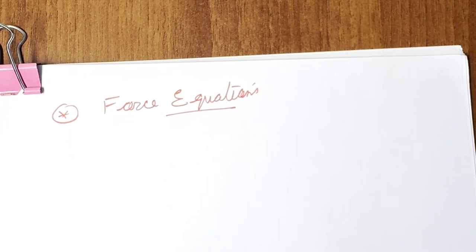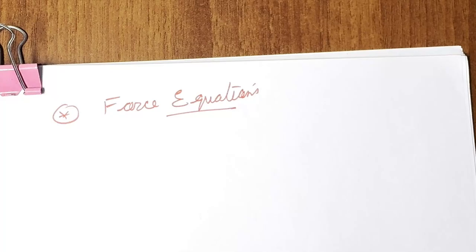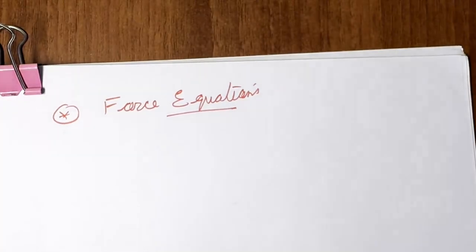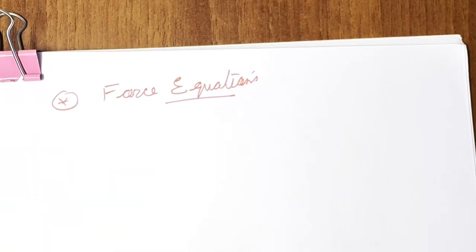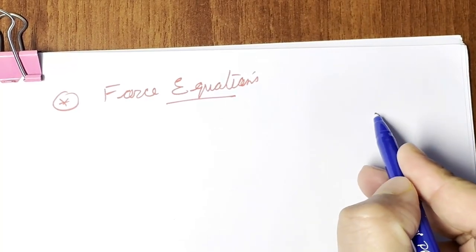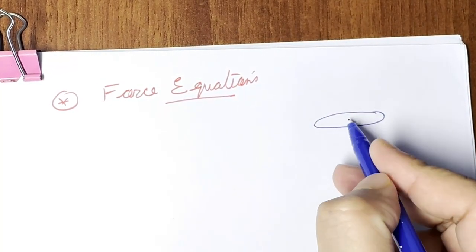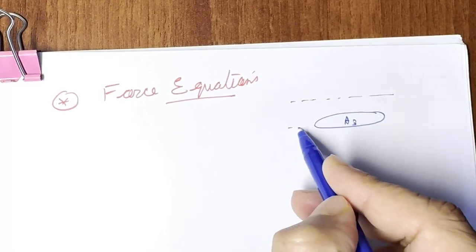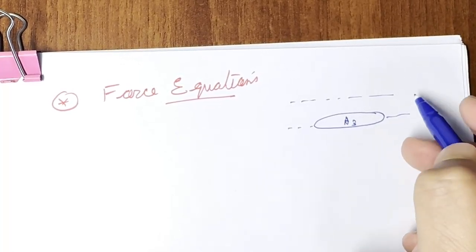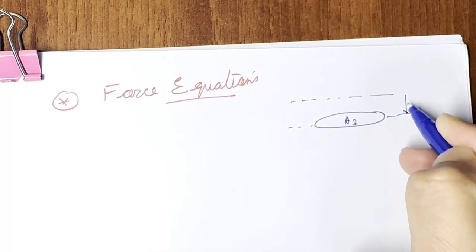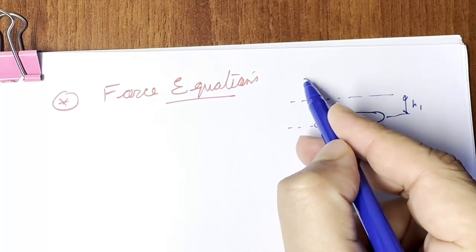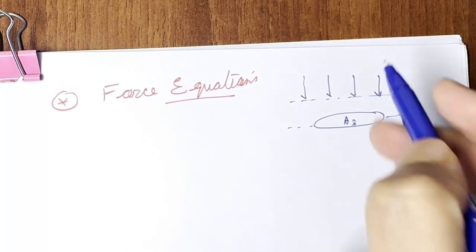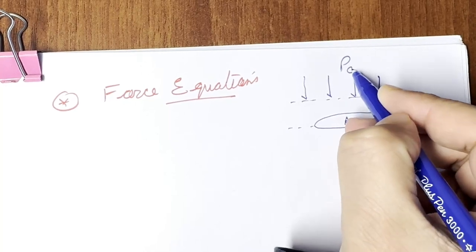And for that we start with our A3, and A3 is our top portion. So let us draw this A3. This is our A3, and the liquid that is above this A3 is given as H1, and there will also be atmospheric pressure, and let us call this PA.